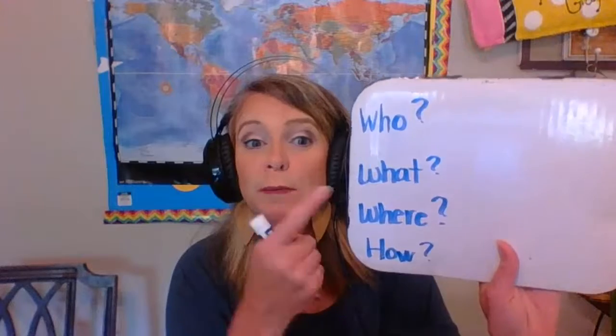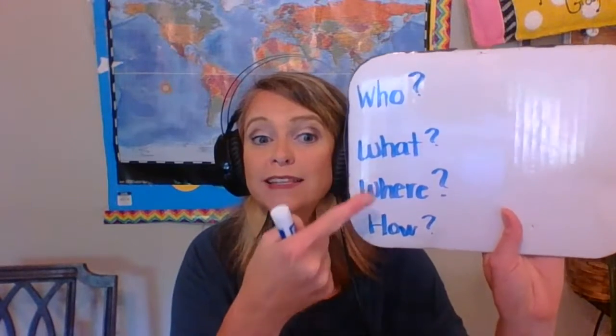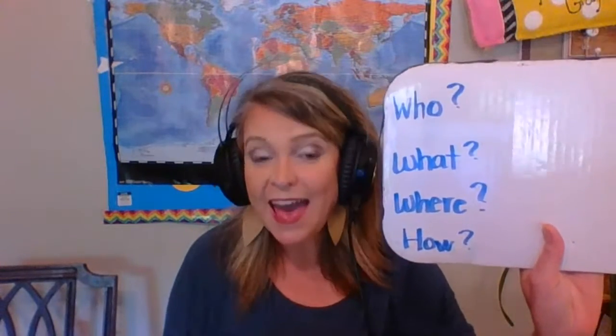And we're going to look at some details from the story that are going to help us with our comprehension, basically, of what we learned from the story, okay? So there are 4 things that I'm going to ask you now that have to do with the reading of the story. I'm going to ask you, do you remember the who, the what, the where, and the how?